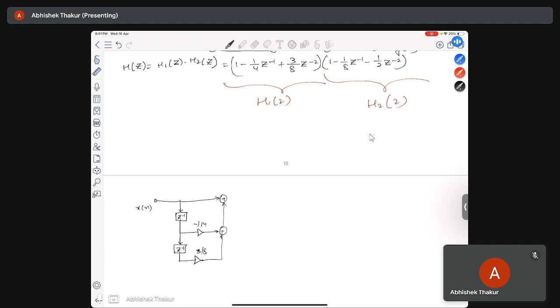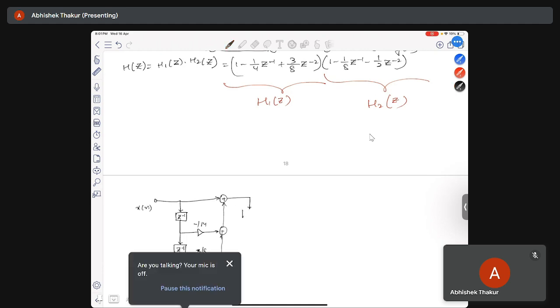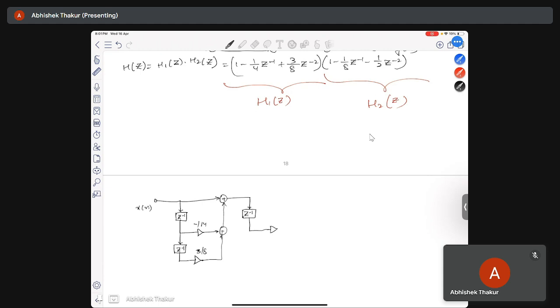Now it is cascade, so we'll take for H2(z): the first delay unit will have -1/8, then the second delay unit will have -1/2. And in this way, we will get y(n).